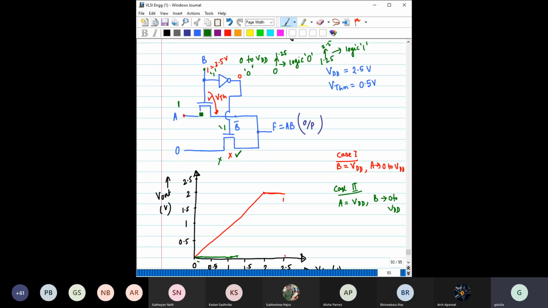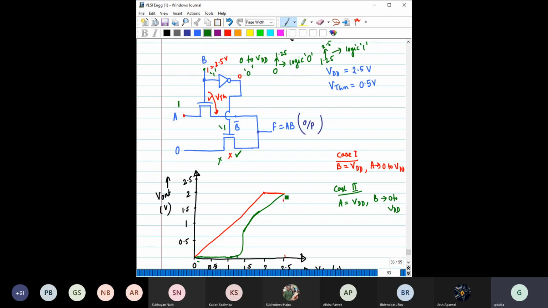Now this is not off, but this is already given as 1, and there is a path from here. So it will show some type of trend here, and follow a trend something like this.